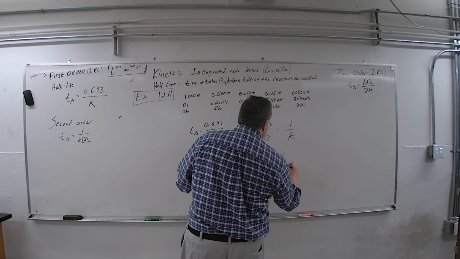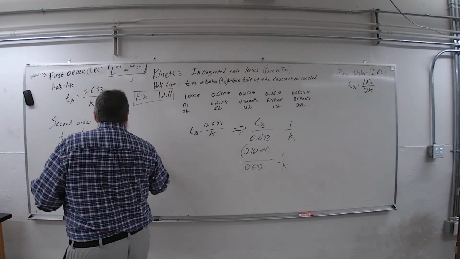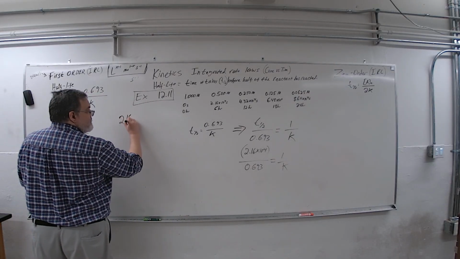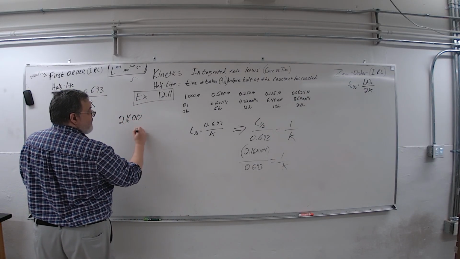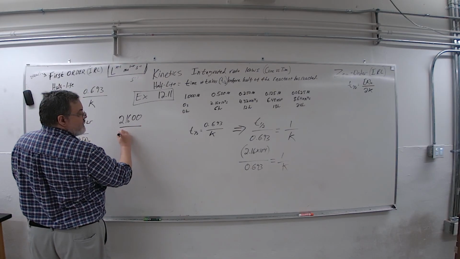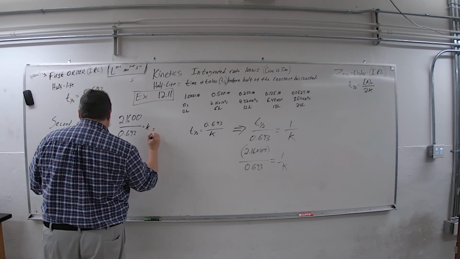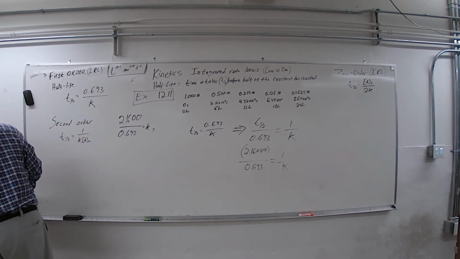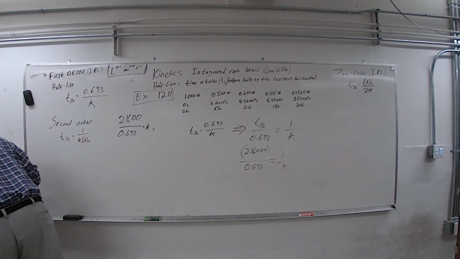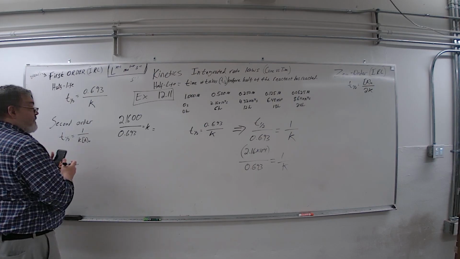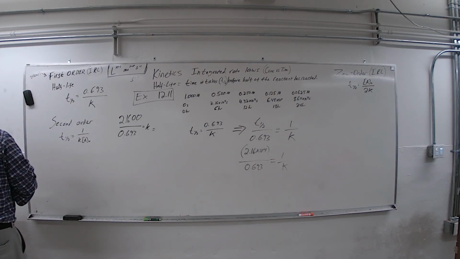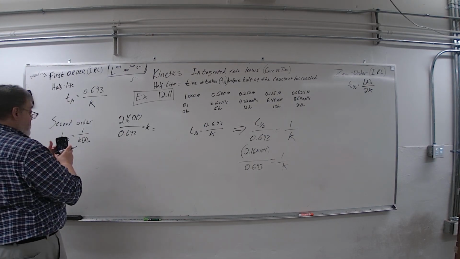That equals 1 over K. 21600 over 0.693 should equal K. Is that how they did it? Yeah, this is fine.